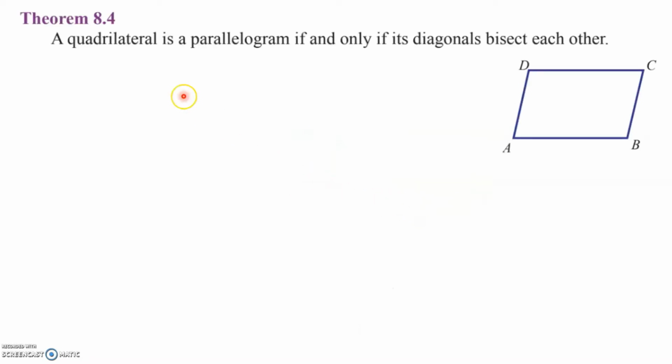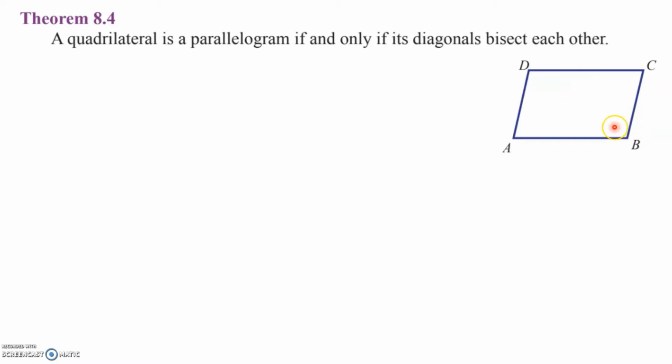All right. The theorem here says a quadrilateral is a parallelogram if and only if its diagonals bisect each other. So we have to prove that this quadrilateral can be a parallelogram if and only if the diagonals bisect each other.